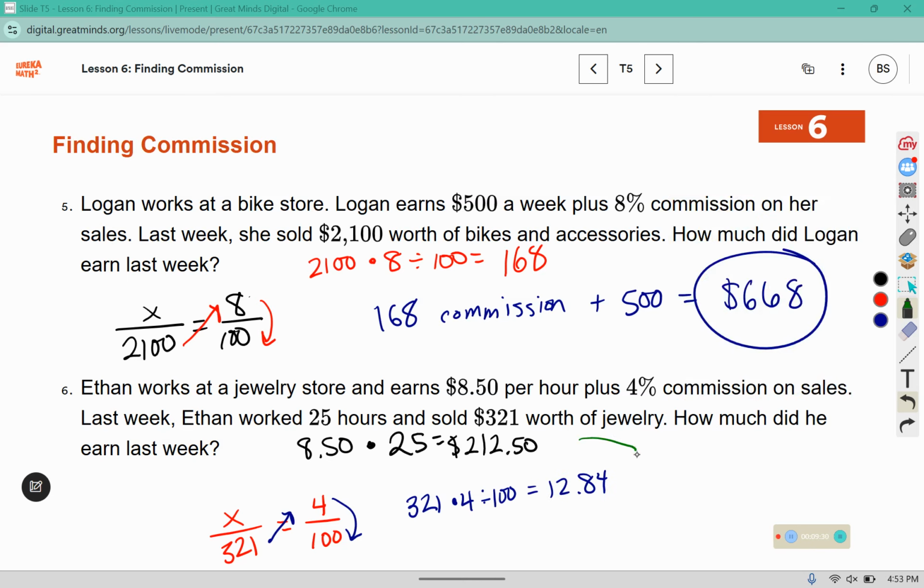So altogether, from his hours of work and his commission, he earns $225.34. We need to add his hours and his commission together to get how much he earned last week.